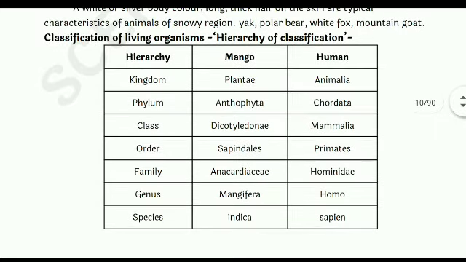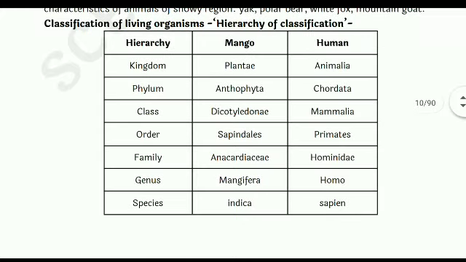Next point, classification of living organisms, the hierarchy of classification. Taking mango and human: first, kingdom, mango is Plantae and human is Animalia. Phylum, mango is Anthophyta and human is Chordata. Class, mango is Dicotyledonae and human is Mammalia.